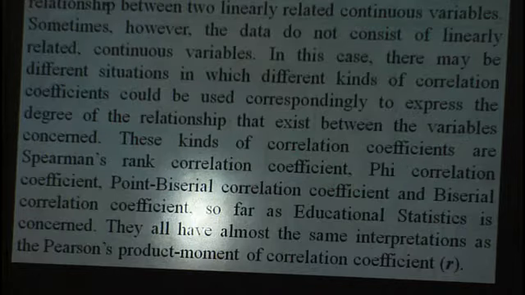Now let's move on to other forms of correlation coefficients. Don't forget, from the beginning I told you that there are different types of correlation coefficients, and one of them is the Pearson's product moment correlation coefficient, r, that we've already dealt with.